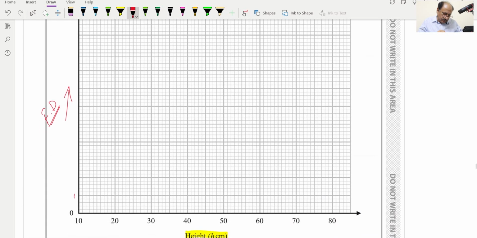We can take on this side 1 2 3 4 5 6 7 8, like this one. So 3.5 will be up to this point, and we can draw this.